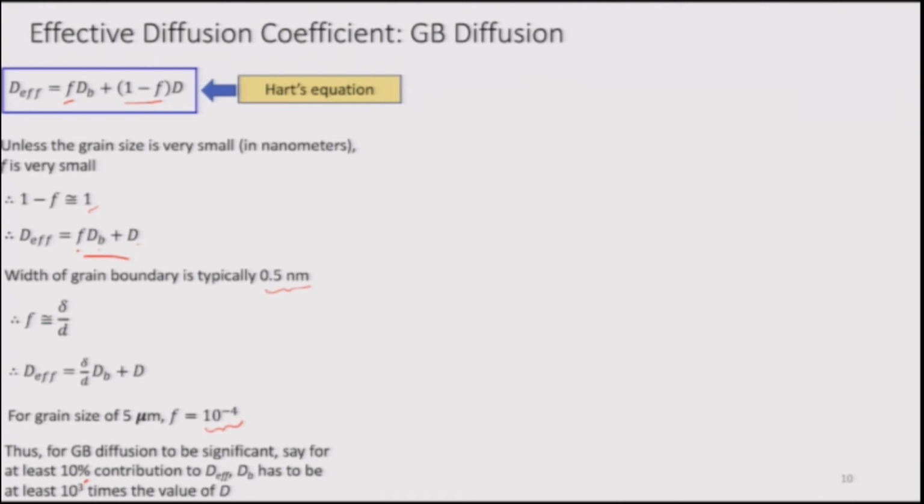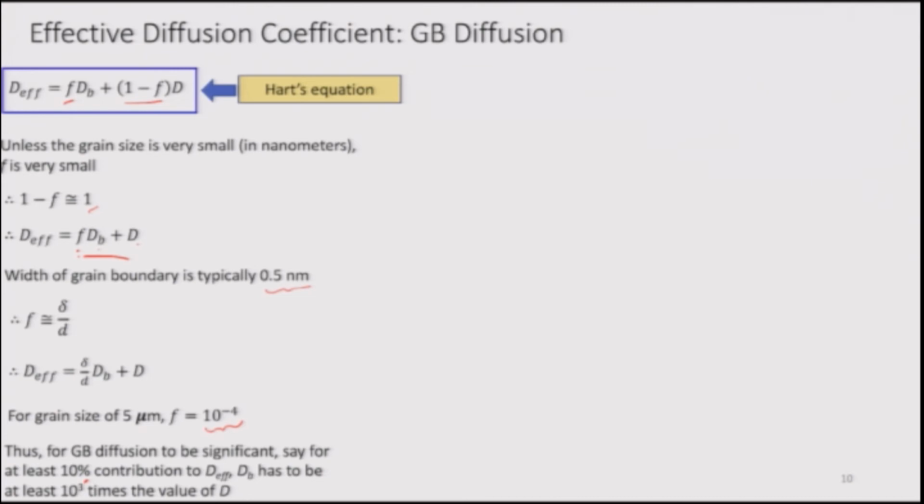At higher temperature, however, the difference becomes smaller and smaller, and when the difference is very small, since fraction F is very small, the contribution from F times D_B to D effective will be very small, and hence at higher temperature we say the effect of grain boundary diffusion will be negligible, and this is the reason why we say the grain boundary diffusion will dominate at lower temperature.